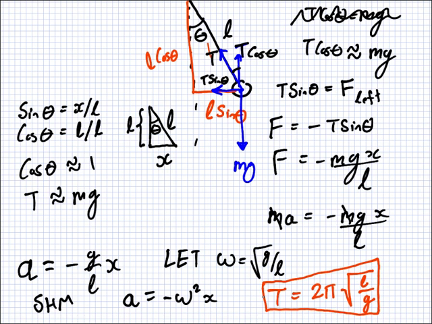No. But as long as it's a small angle, where it appears just to be moving horizontally, my approximation with the cos theta is reasonable. So what's a typical small angle? You don't really want to be going past 15 degrees. You want to keep the angle kind of small like this.